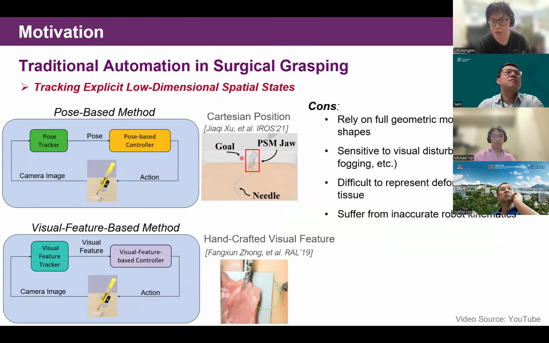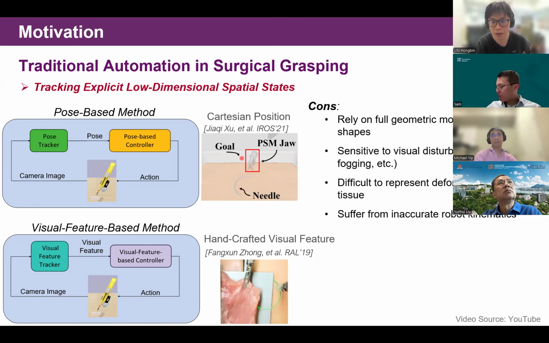Researchers have extensively explored surgical grasping automation using pose-based methods and visual feature-based methods. These approaches track low-dimensional spatial states such as the object pose or handcrafted image space features from the visual input and feed them to the downstream controller. However, they face limitations.